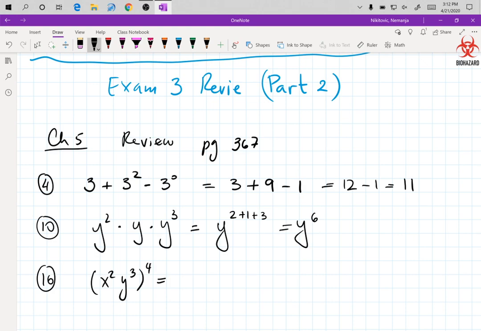All right, so this is the one where we distribute the power to each one independently. So you have x squared to the fourth, and then y cubed to the fourth, which gives you x to the 8th and y to the 12. Because in this case we are multiplying the exponents because it's an exponent to an exponent, right?